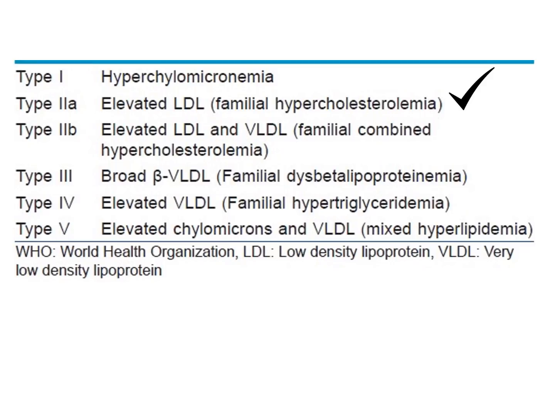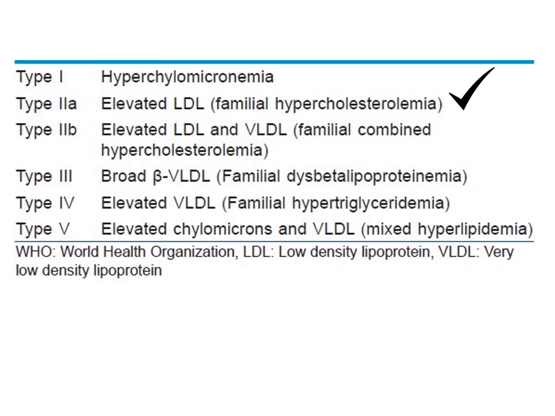It's called familial hypercholesterolemia. And I would imagine that most individuals in this course have seen a patient with type 2A familial hypercholesterolemia. Here's a really simple question. What do you think is this person's problem with type 2A? Is it too much cholesterol or too much triglyceride?